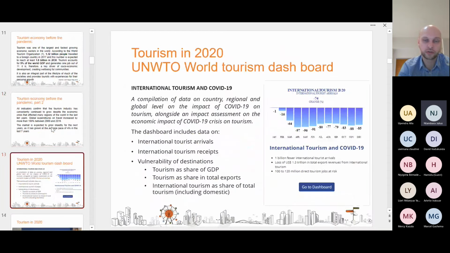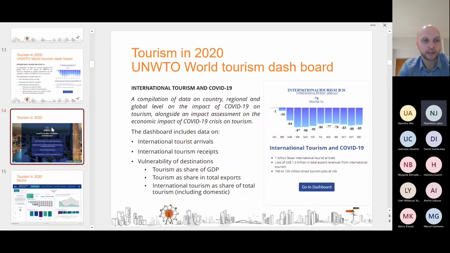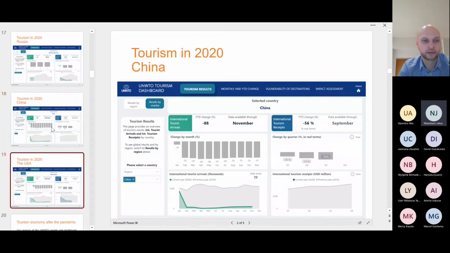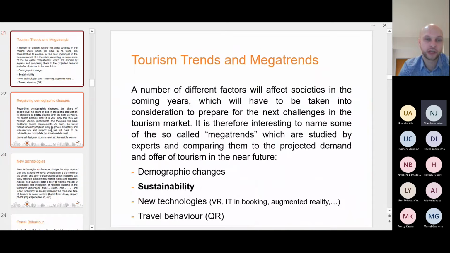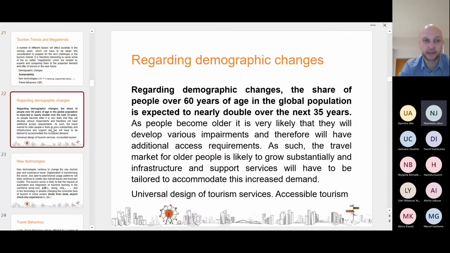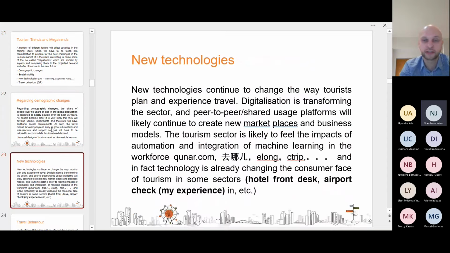We also observed the statistics from the World Tourism dashboards from the official website. We also looked at the impacts of COVID-19 on the tourism industry. We discussed the mega trends like travel behavior, new technologies, demographic changes, and one mega trend is sustainability, where companies, hotels, and tour operators would like to follow the ESG trend.